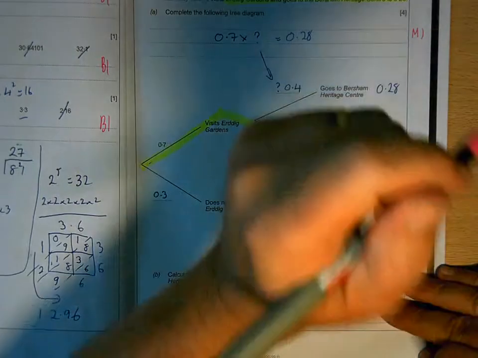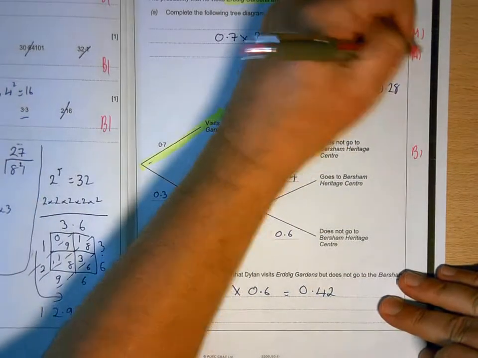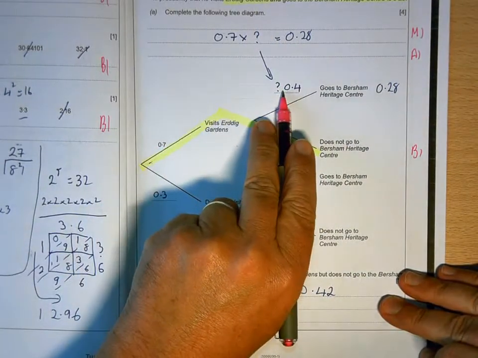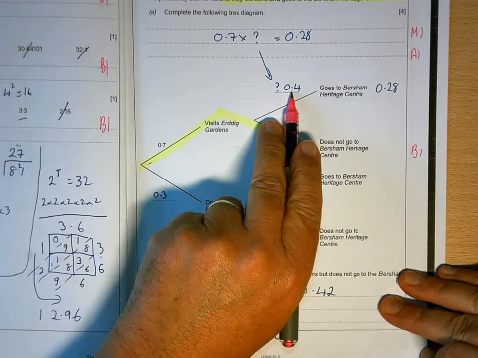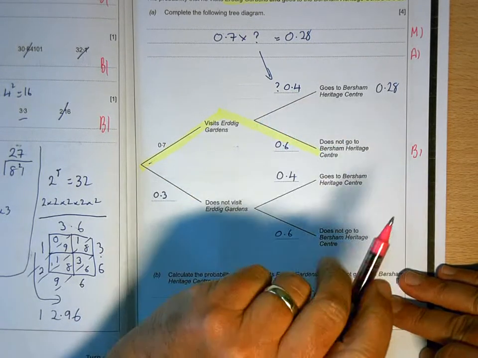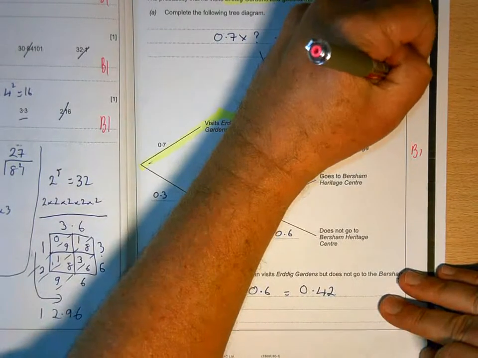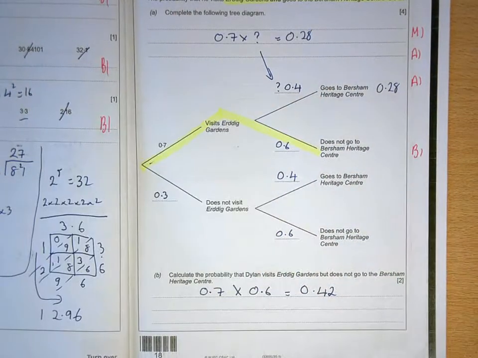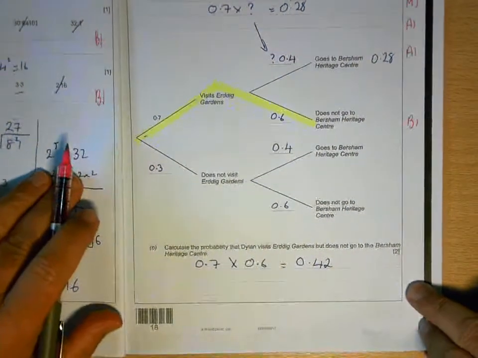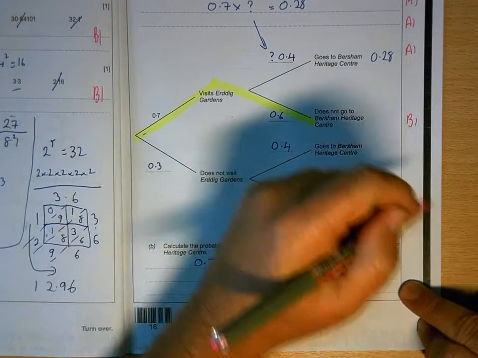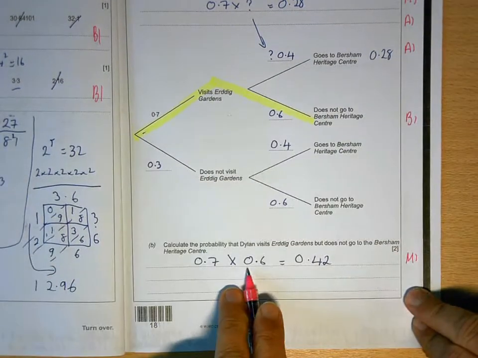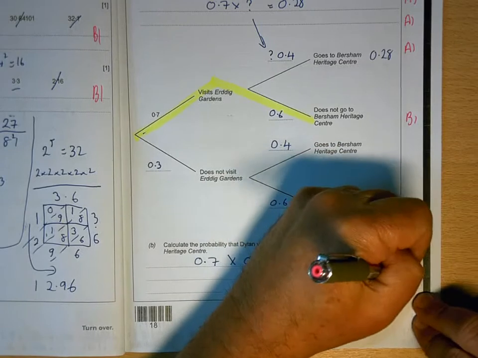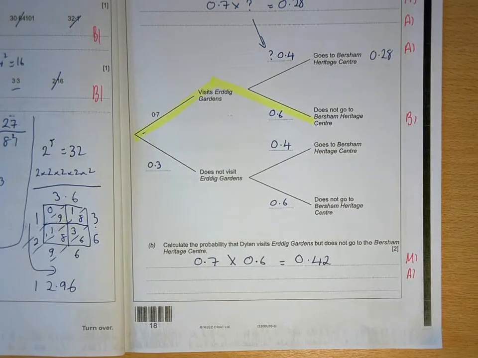There's an answer mark for the 0.4. So if I see that 0.4, you get that. And then there's an answer mark for correctly filling in the other parts of the branches. And then in part B, there's a method mark for multiplying the branches, the probabilities, and an answer mark for 0.42.